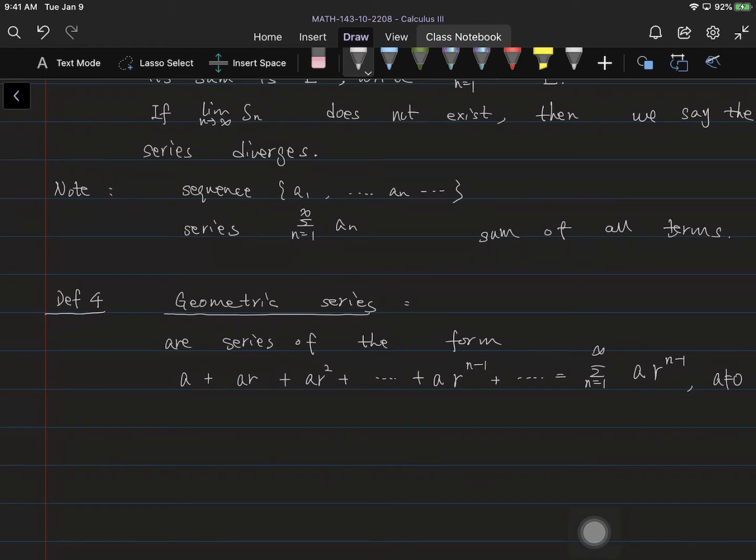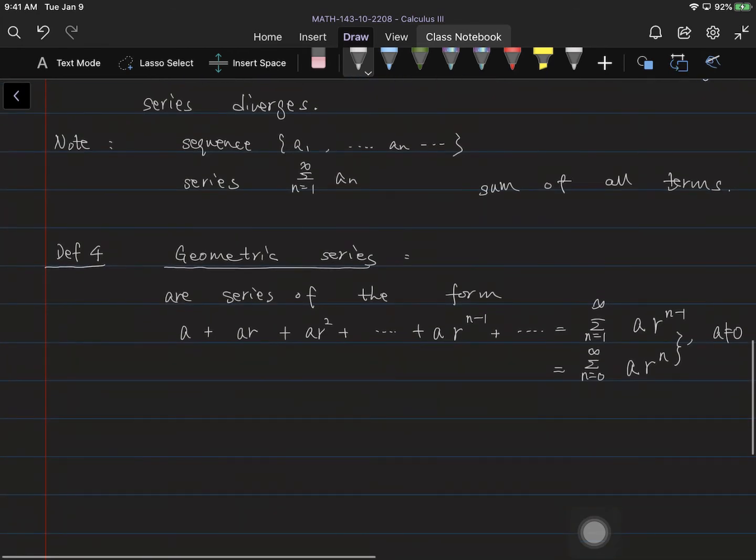Oh, for sum notation, we can also write this a different way. We can write this as A R to the n from 0 to infinity. Actually, they are the same thing. It doesn't matter which way we write. It just depends on n from 1 or n from 0. But I think the first one will not be easily confused.